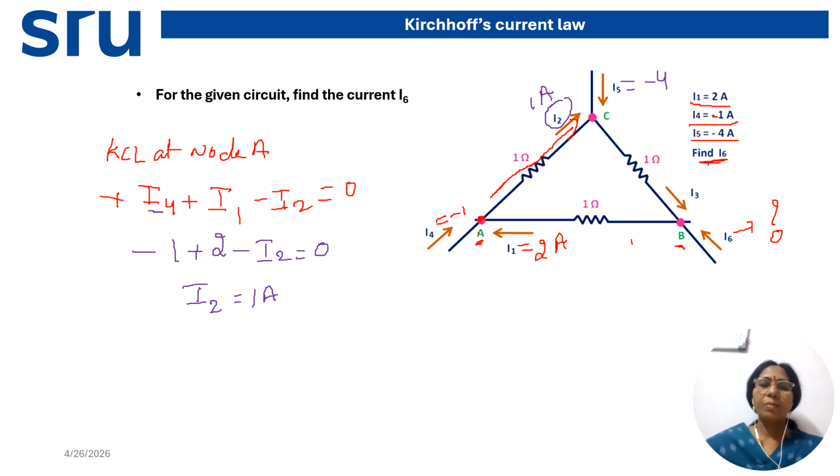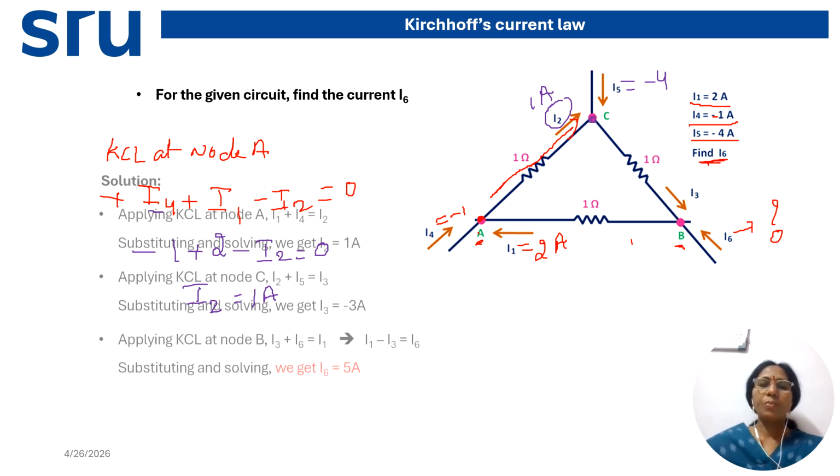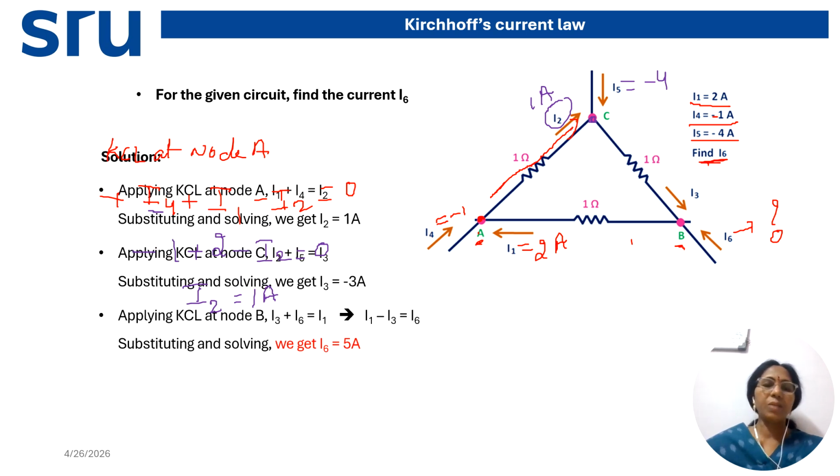So, now here I am applying KCL at node C, because 2 branch currents we know and the third branch current we need to determine. Is it right? Okay. Now, here I am applying KCL at node C. Clear?